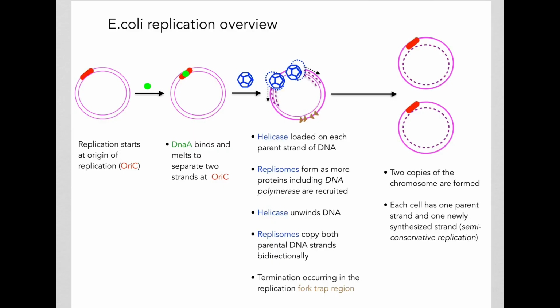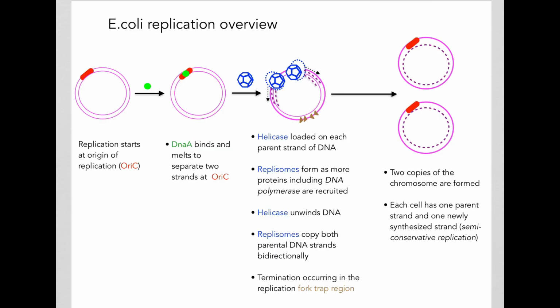When the strands are copied, the two replisomes will meet, and replication is terminated at a region of the DNA called the fork trap region.